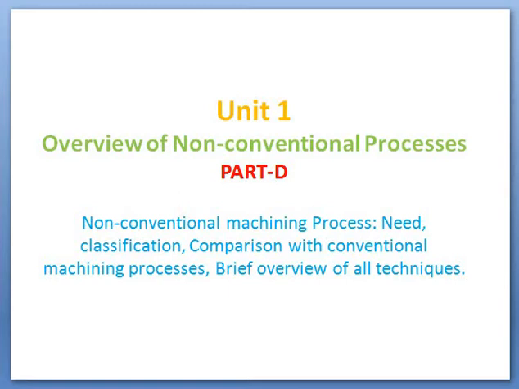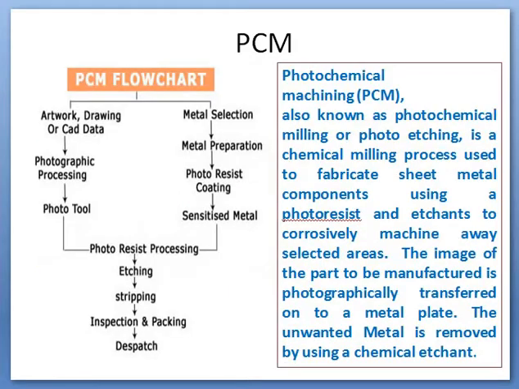Now we go for the next process, that is photochemical machining. In the photochemical machining process, also called photochemical milling or photo etching, it is a chemical milling process which is used to fabricate sheet metal components using a photoresist and etchant to corrosively machine away the selected area.